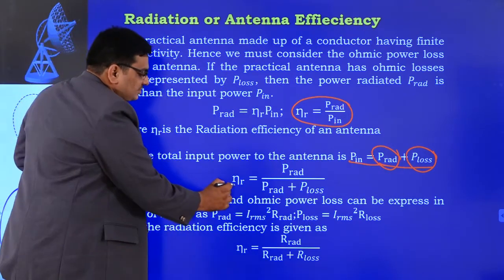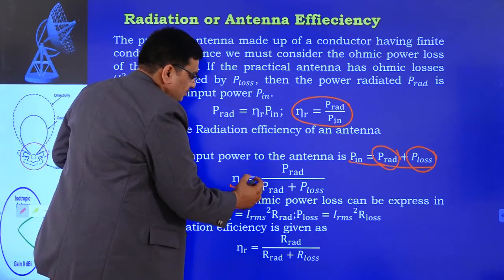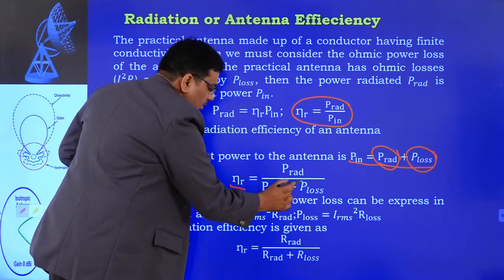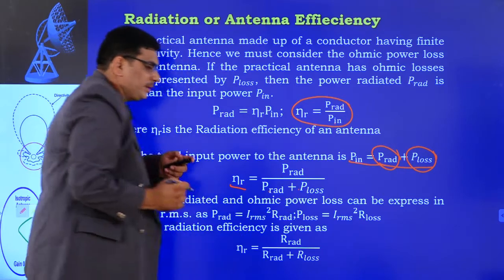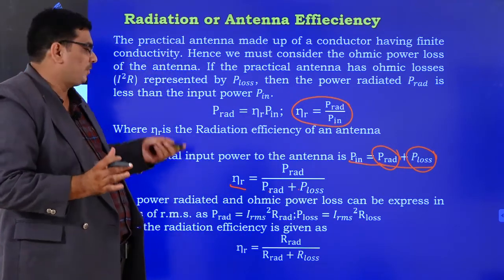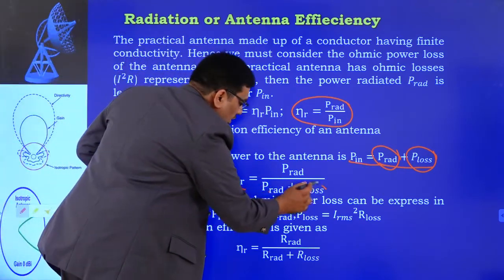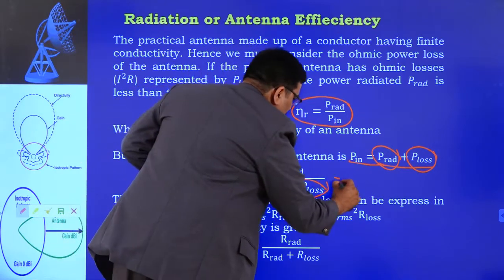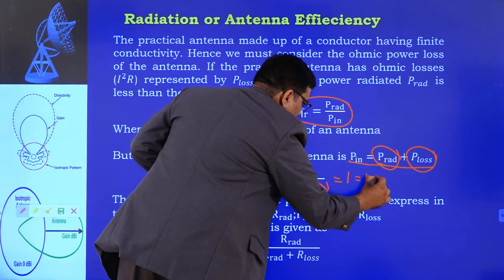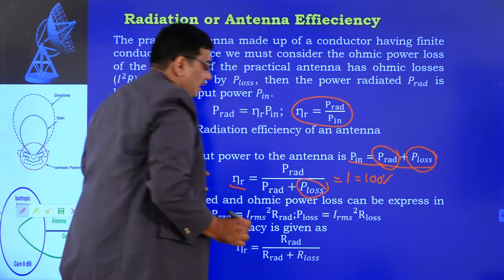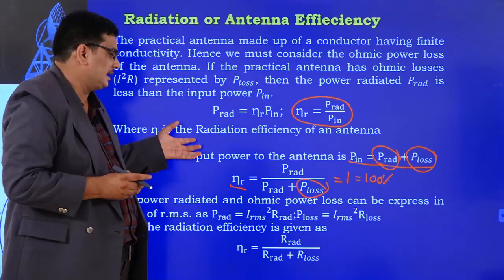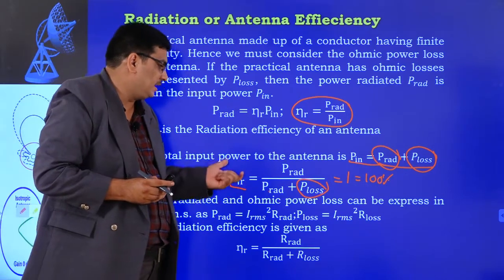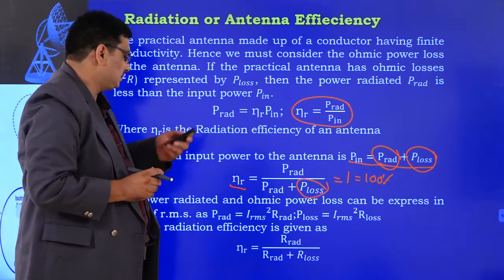So the antenna efficiency is equal to the radiated power, P rad, by the radiated power plus loss power. For an ideal antenna like an isotropic antenna, the losses are 0, then your efficiency is equal to 1, that means 100% efficiency. But for practical antennas, it must be less than 1 or less than 100%.